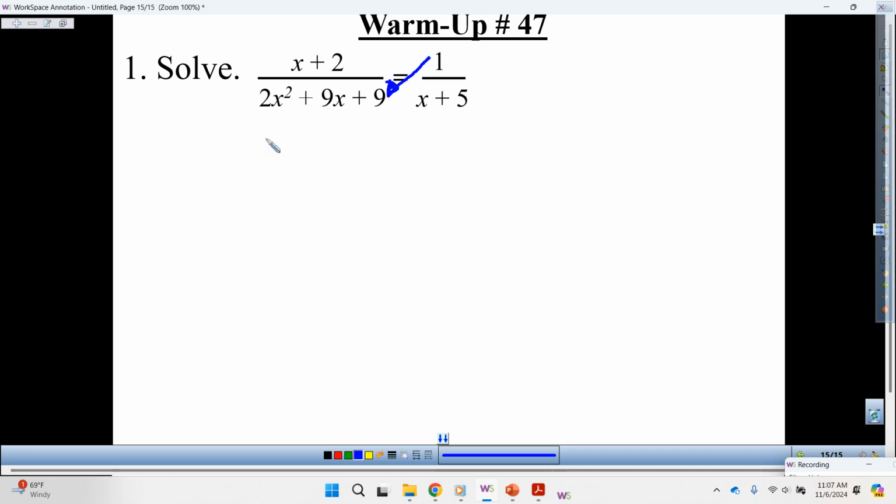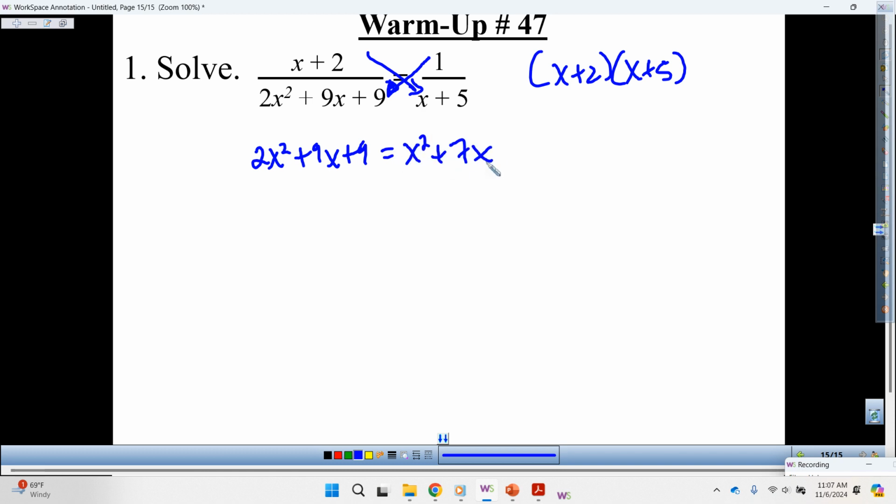So 1 times this is 2x squared plus 9x plus 9. This times this. I'm going to show it over here. But to save time, you know how to multiply that. That should give us x squared plus 7x plus 10. Hands if you got up to right there. Yes. From there, we need to get one side equal to 0.